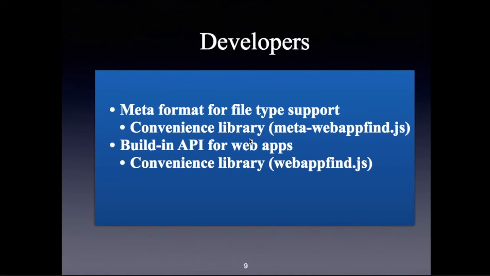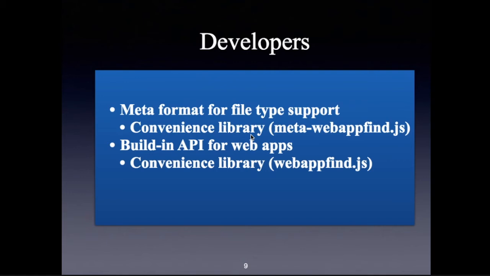The repository WebAppFind demo samples, in addition to the sample files and demos, contains two utilities which, though not required, can make your life a little bit easier in dealing with the WebAppFind APIs. The first one is for simplifying the means of adding meta tags into the head of the document to advertise the file types that your web app supports.